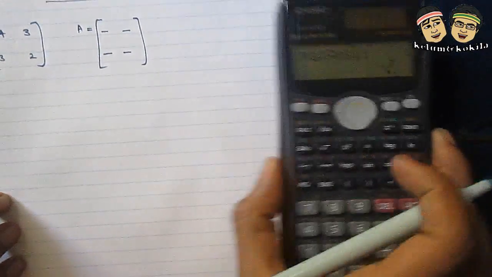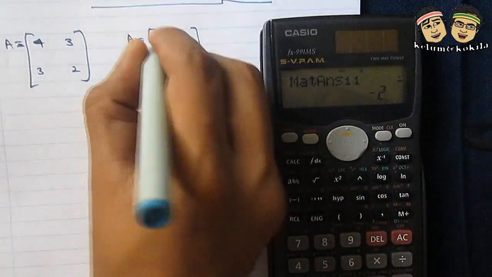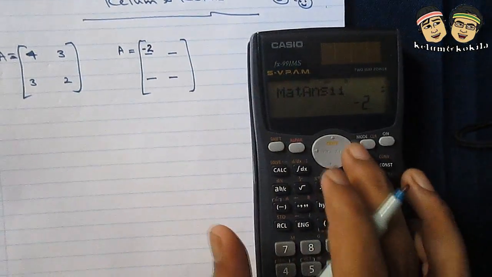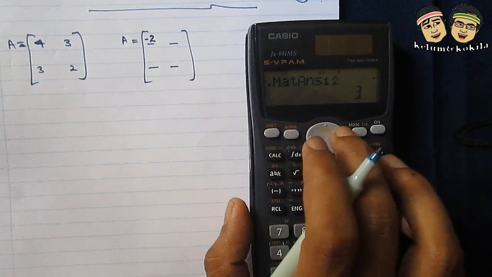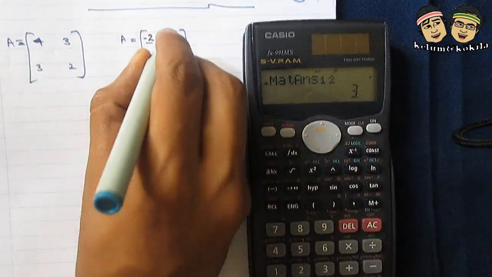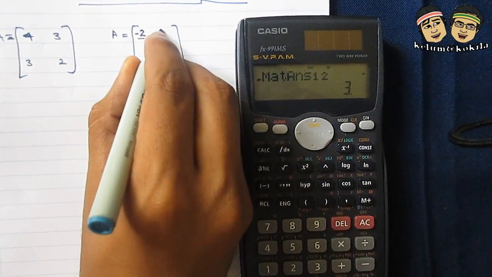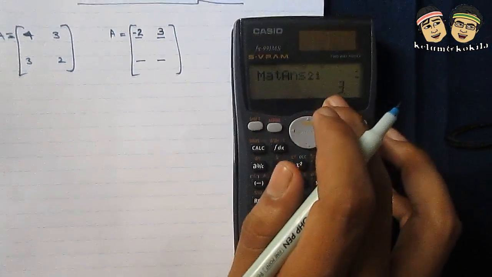So here you have got -2. That is the first element of the matrix. And if you press this button over here in this circle, this next button, you will see a number. It's 3. That is the second element of the matrix. And if I press it again, 3 comes.